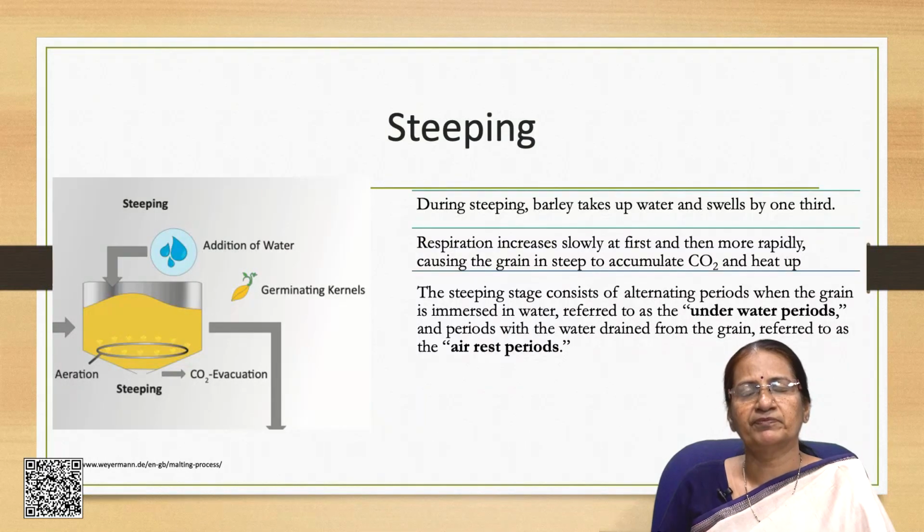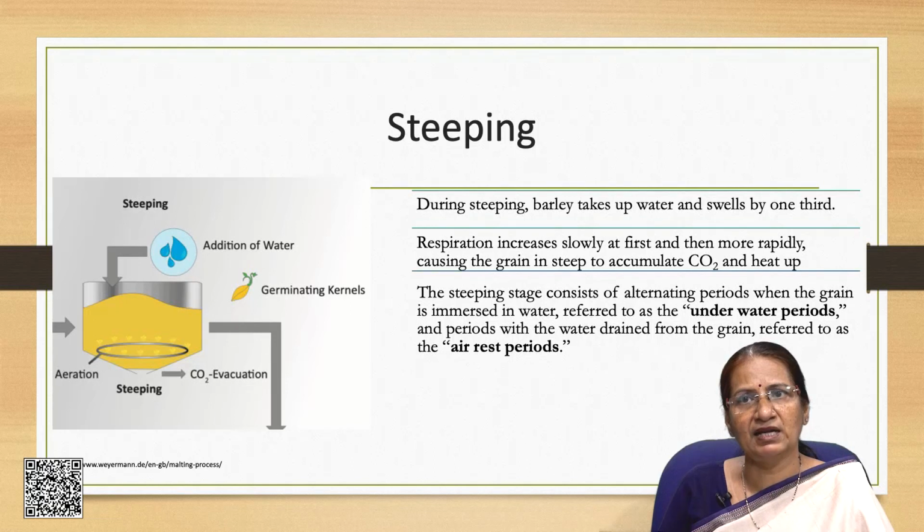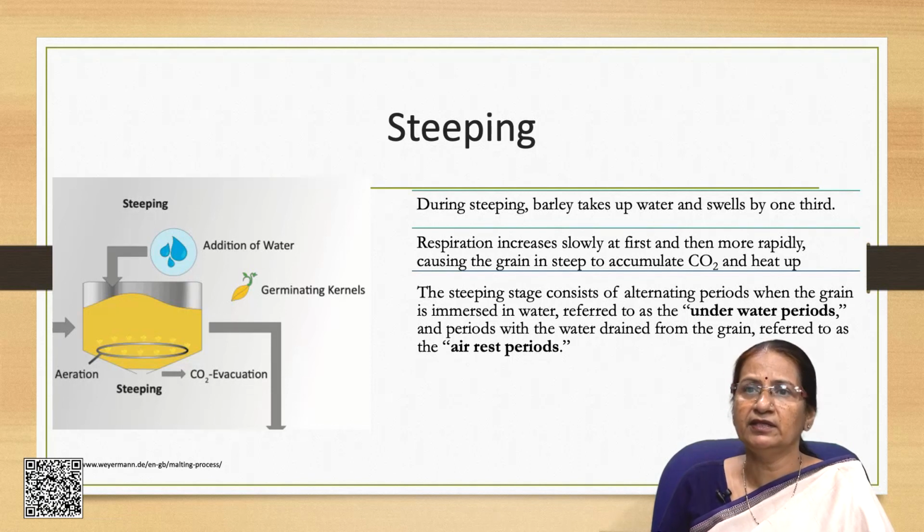Now steeping. Steeping initiates malting and is a crucial step in producing quality malt. During steeping, barley takes up water and swells by one third. Respiration increases slowly at first and then more rapidly, causing the grain in steep to accumulate carbon dioxide and heat up.